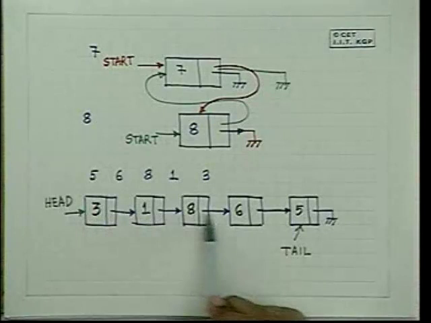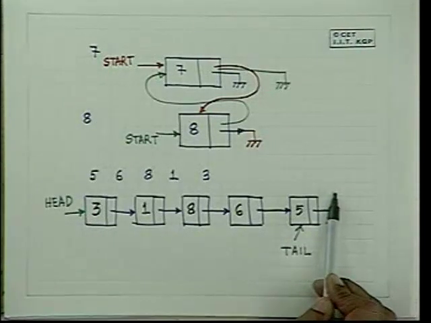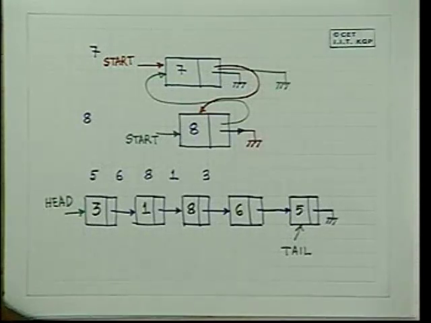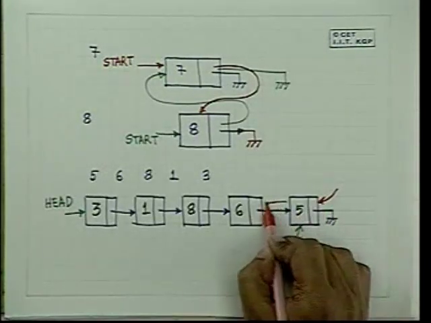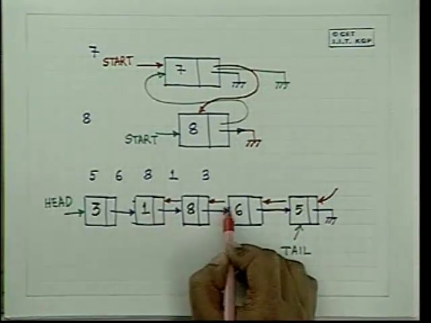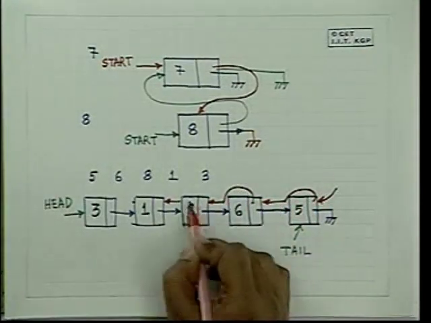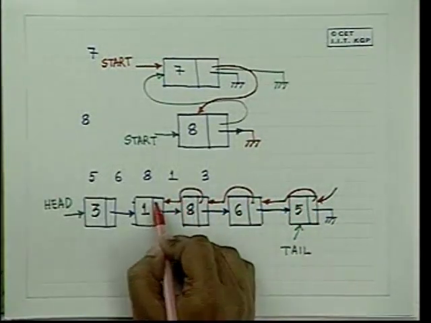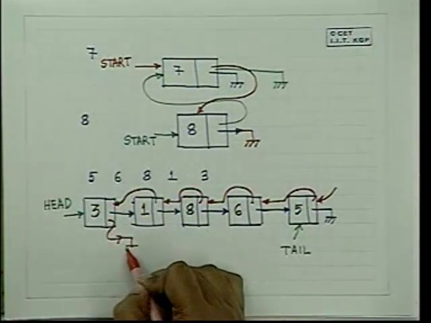That is, if I give you this linked list as input, could you make it such that the head now points here, and all the elements are reversed, all the links, that is, this one is now here, this one is now here, this one is now here, and this one is grounded.